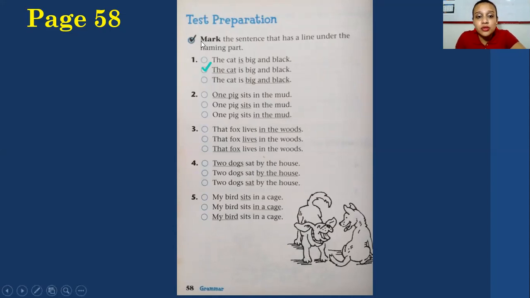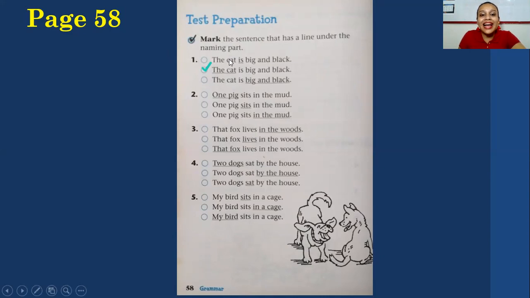Follow the directions always. Mark the sentence that has a line under the naming part. So we are going to write or add a check mark on or in the sentence that is talking about a naming part.